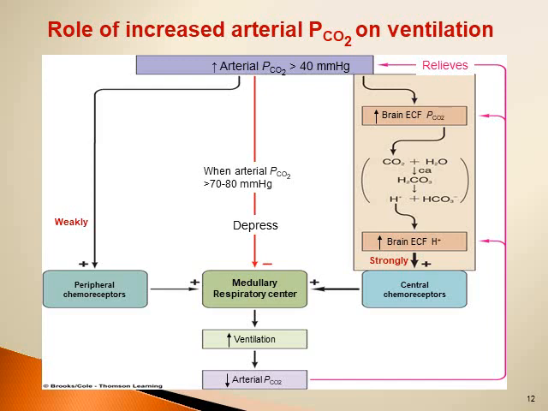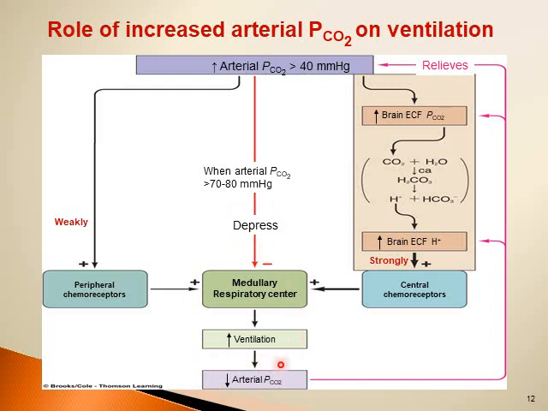There is another thing: if the arterial partial pressure of carbon dioxide exceeds 70 to 80 or reaches very high values in the CSF, this will directly depress the medullary respiratory center. Therefore, the homeostatic mechanism, mainly through the central and peripheral chemoreceptors, will try to bring carbon dioxide partial pressure back to the normal value of 40 before its level becomes very high and directly depresses the medullary respiratory center and causes death.